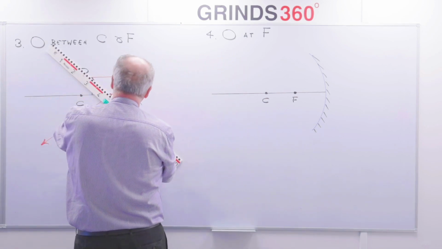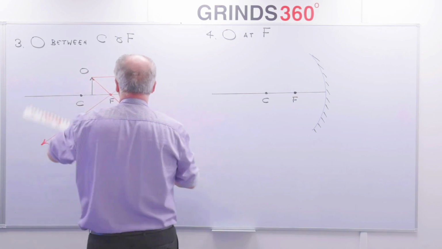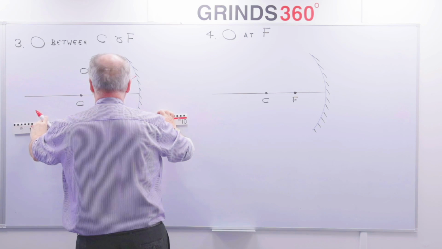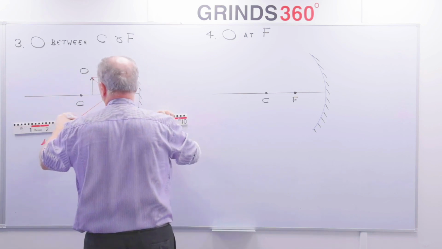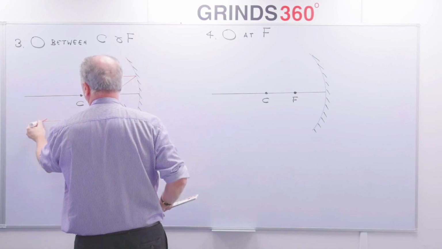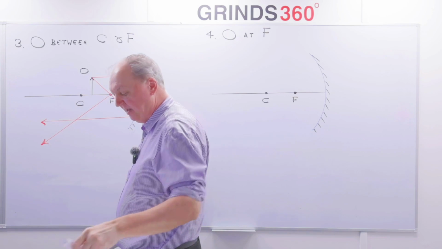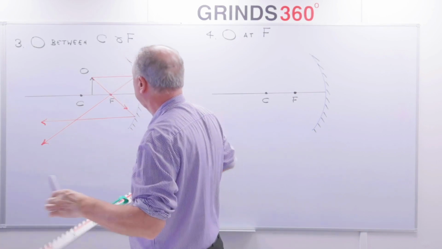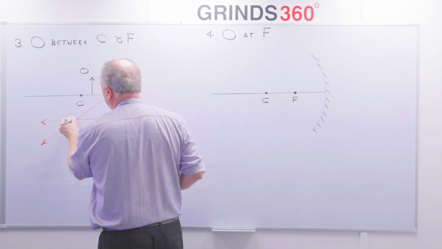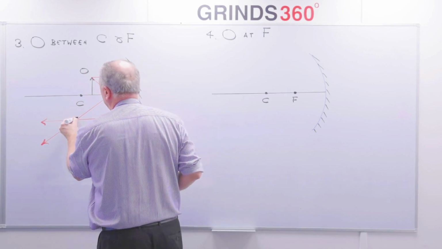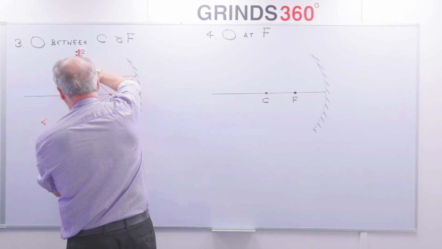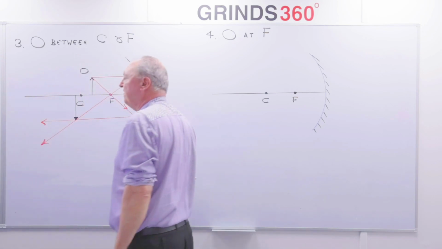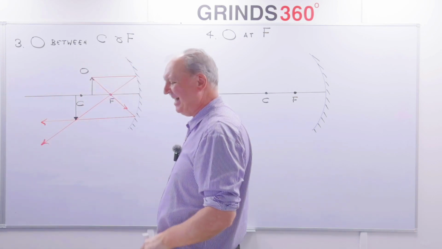Where does it go? It gets reflected out parallel to the principal axis. And where do these two rays of light meet? Well, these two rays of light meet in this position. The tip of the arrow finishes there, and all the other points will finish back here. You can see where it finishes. It finishes outside C.